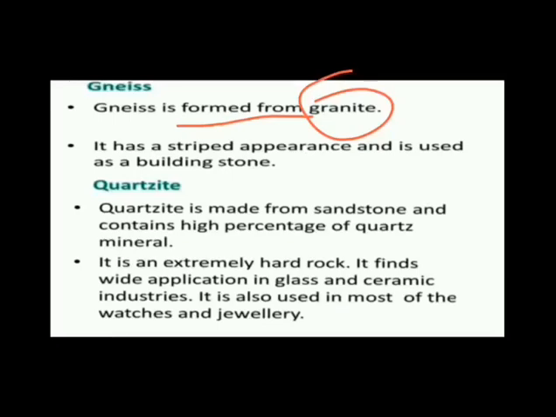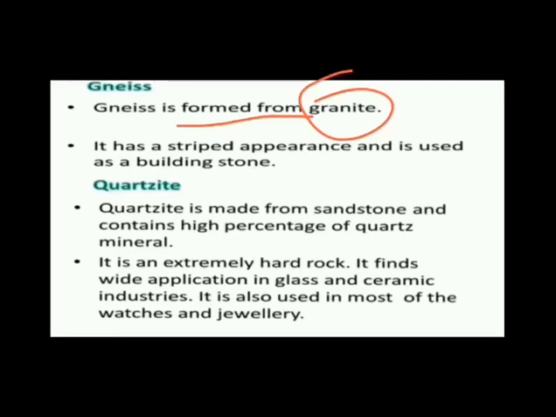So basically the transformation of granite rock along with different materials forms gneiss rock, and the texture of this gneiss rock is coarse with irregular bands of different color, and this gneiss is used as a building material and for other structural purposes also.